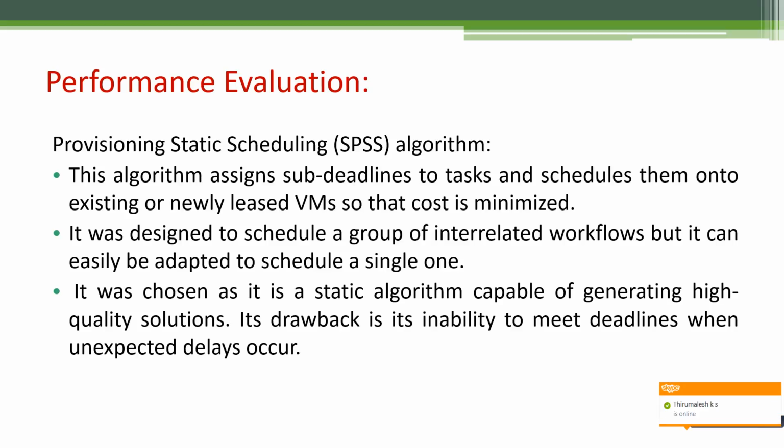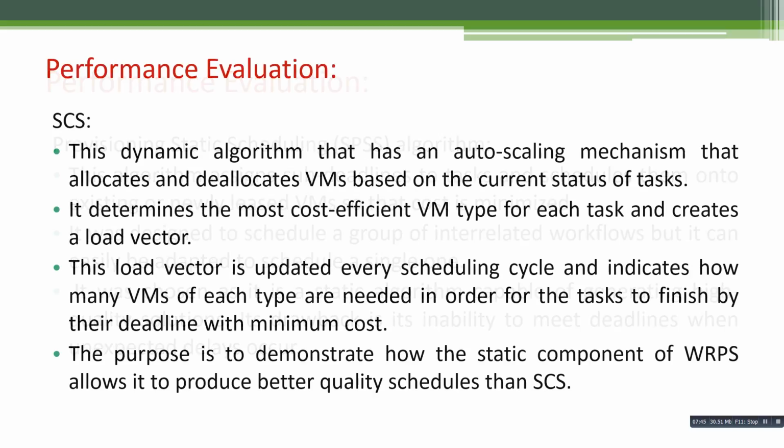It was designed to schedule a group of interrelated workflows, but it can easily be adapted to schedule a single one. It was chosen as it is a static algorithm capable of generating high quality solutions. Its drawback is its inability to meet deadlines when unexpected delays occur, such as network connectivity issues.